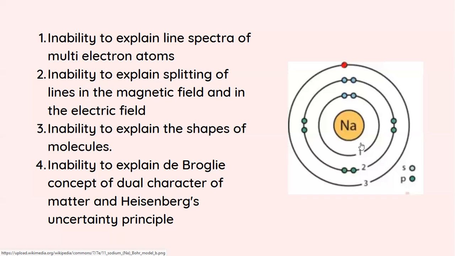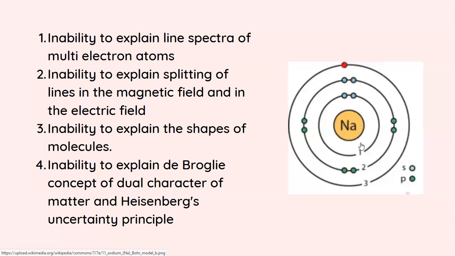First, it was not able to explain the line spectra when you have multiple electrons. Secondly, when the hydrogen atom was observed with a better spectroscope, those lines were seen to split into two lines, and this concept was not explained by Bohr's theory.